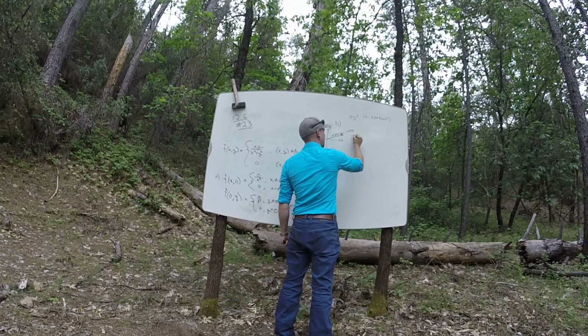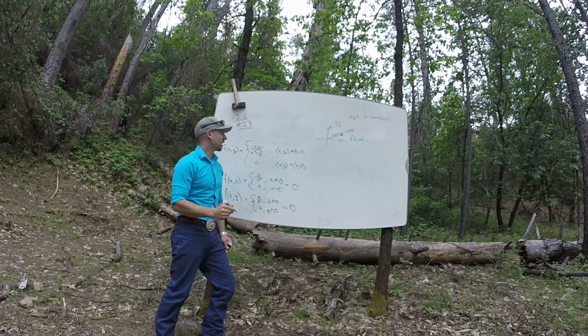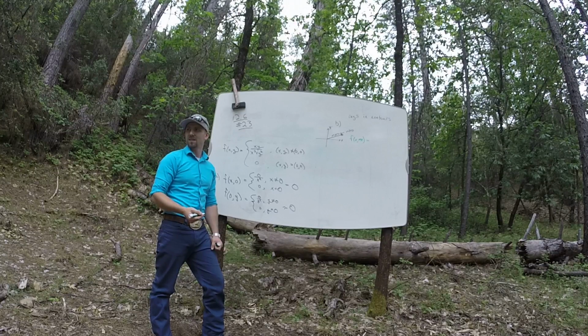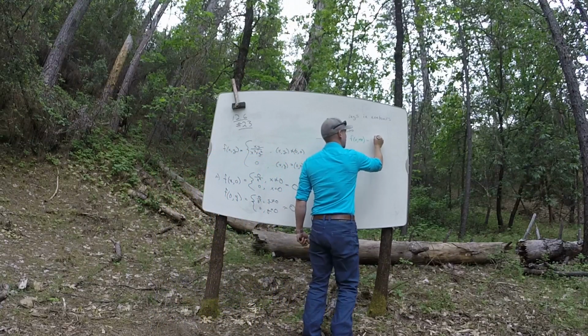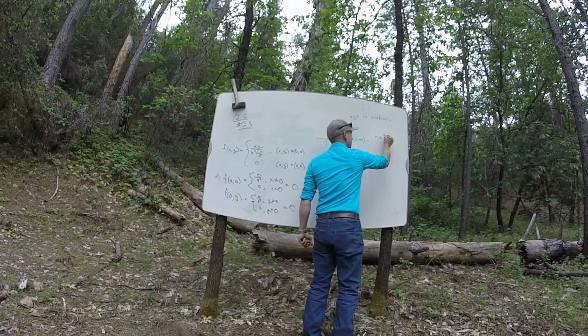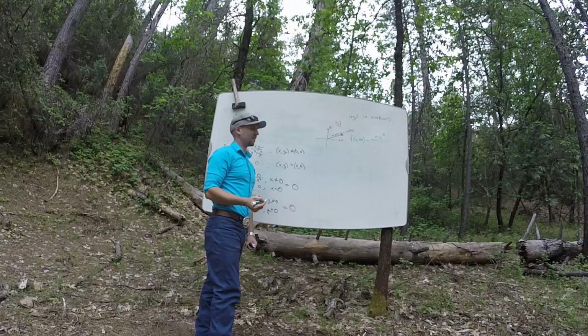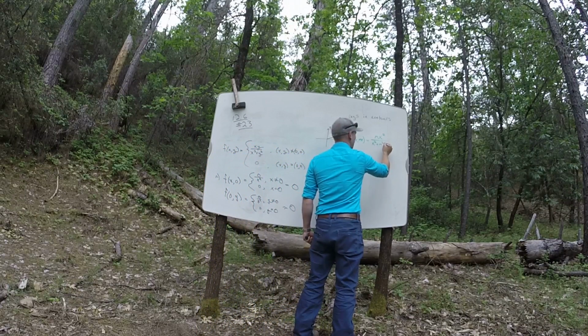So I'm going to take a look at f of x and mx. And what do you get? On the top, x times mx gives you mx squared. And on the bottom, x squared plus m squared x squared.